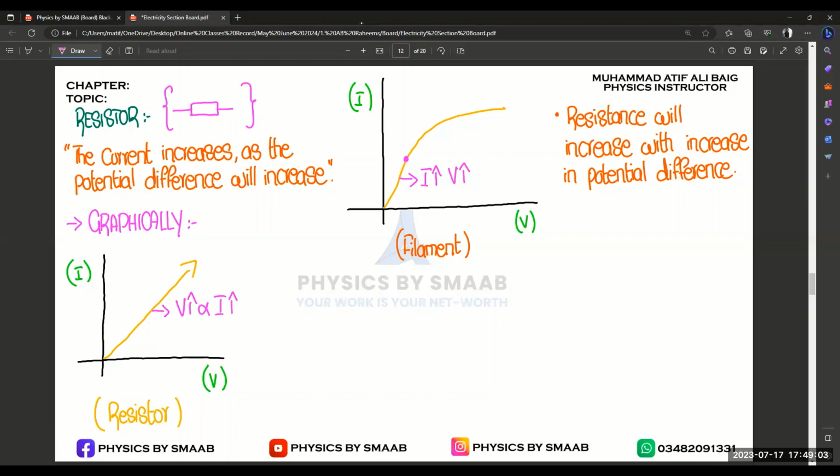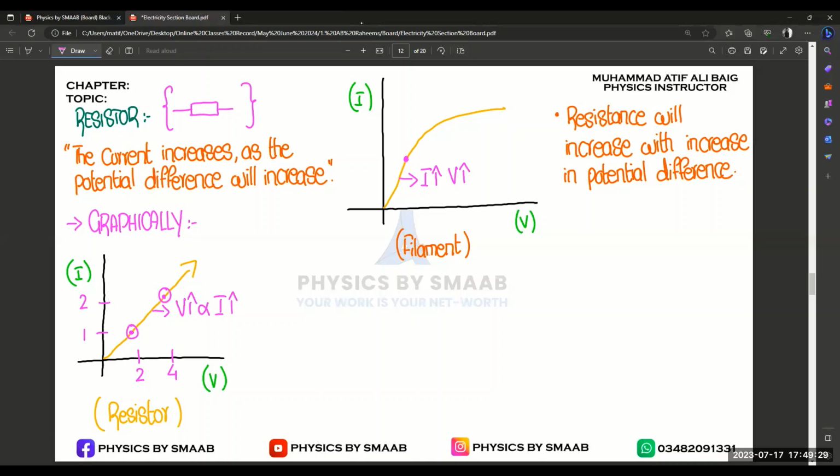Suppose the voltage values are 2, 4, 6 and the current values are 1, 2 and 3. At the initial point we have voltage 2 and current 1, so the point will be here, and same goes with the other points. When we combine all the points, we get a straight line.